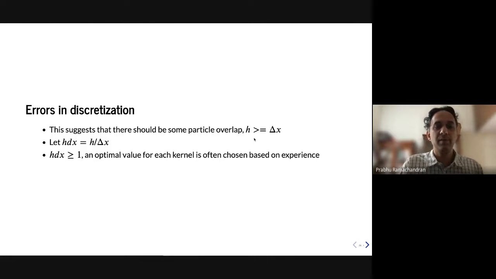This is the reason why, even in the picture that I showed you earlier with the sine curve that we were recapturing, you notice that the Gaussian kernel functions were overlapping. And that's the reason it actually works well. Which means that h should be slightly larger than delta x, which is the spacing between the particles. And you need to make sure voids don't suddenly start appearing in your simulation.